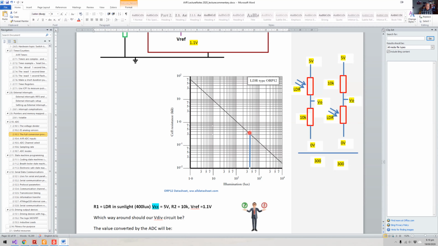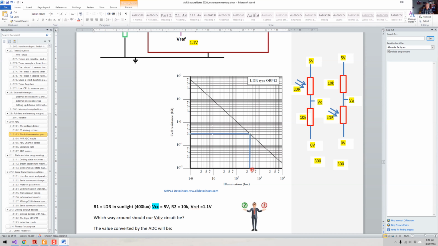And that of course equates to a value of 3 on the y-axis. So that is a value in K ohms. It's not 3, of course, because this is 1K. So this is 300 ohms. So we've got 300 ohms at a lux of 400.